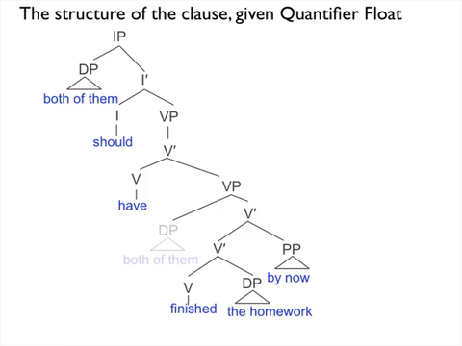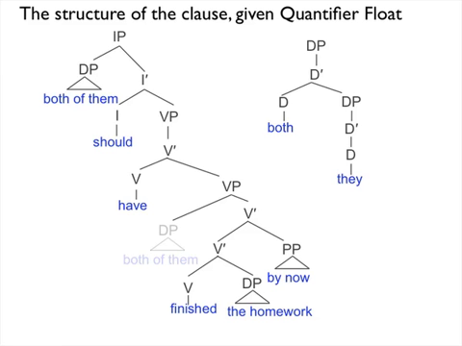It's okay to have things occupy more than one slot. Both of them is inside the verb phrase because of the semantics, but because of the grammar of English, it's in the highest slot in the IP or clause. So it gets there by moving, but underlyingly what we have in some sense is really both they.